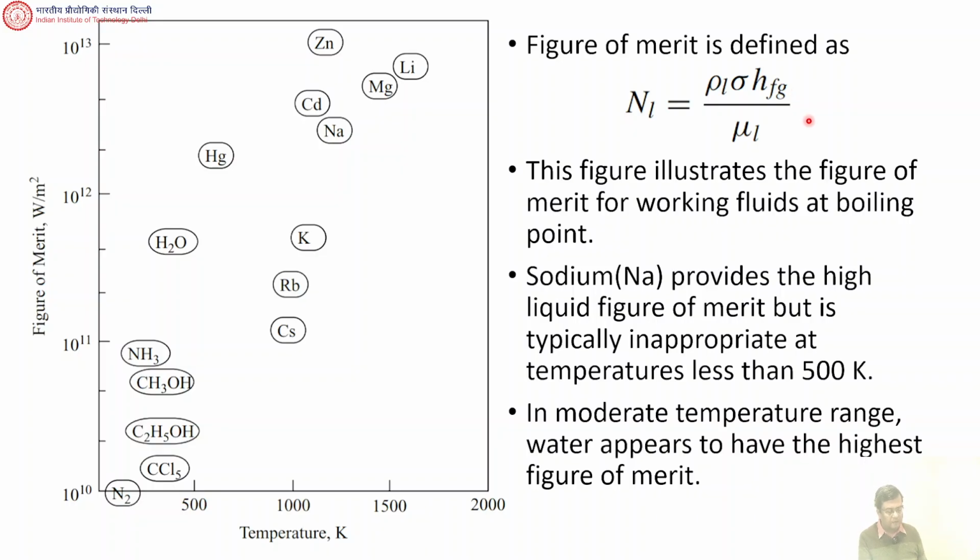So you have sigma, surface tension coefficient, and then you can get h_fg from tables. Mu_L is the dynamic viscosity of the liquid, rho_L is the density of the liquid. So these numbers you can get, and then you can calculate, right? Depending on the temperature that you have. So the figure of merit for various fluids are shown like this in this figure.